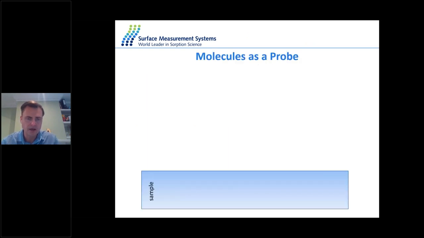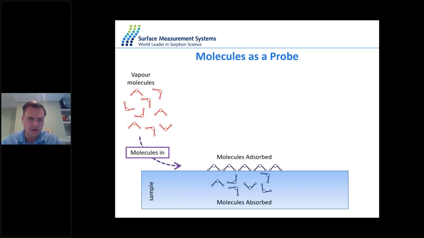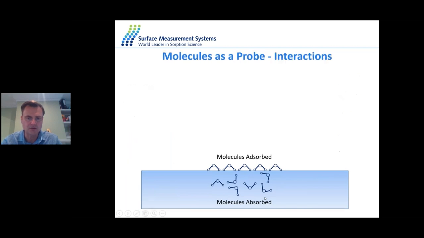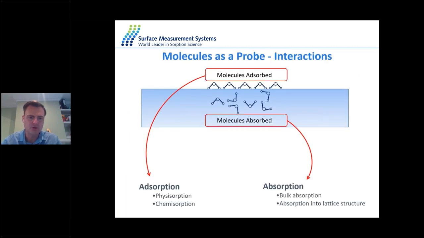When the probes react with the solid surface, they can either get weakly adsorbed to the surface, or they can penetrate into the bulk of the material. These processes of interaction of molecules with the solid surface can be described by adsorption or absorption.